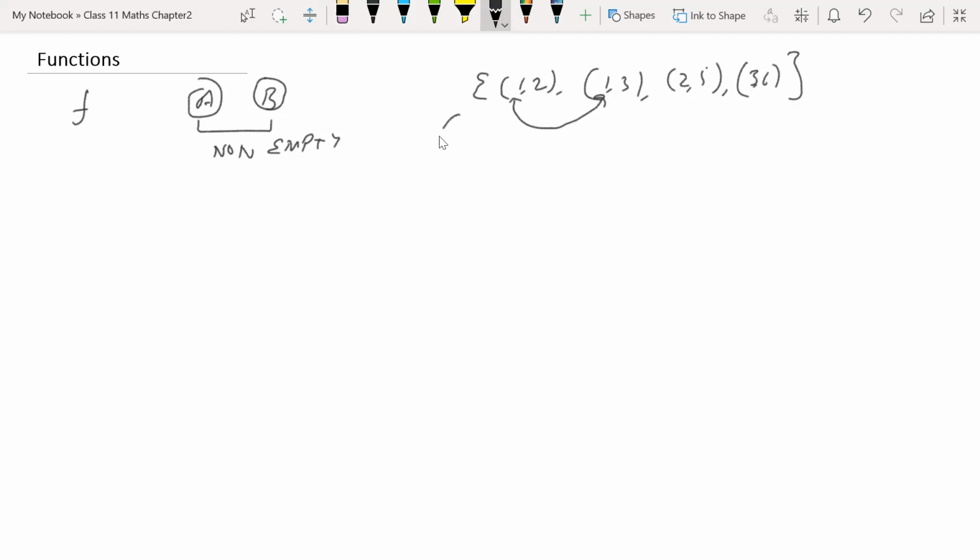Or simply, graphically we can represent it with the values 1, 2 and 3, and here 2, 3, 5, 6. 2 is the image of 1, and 3 is also the image of 1.